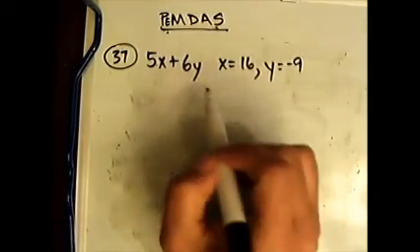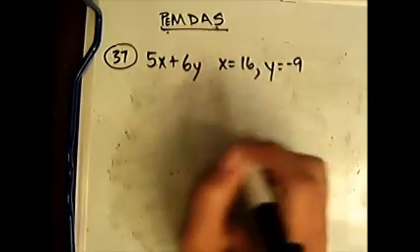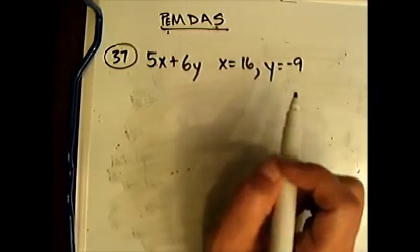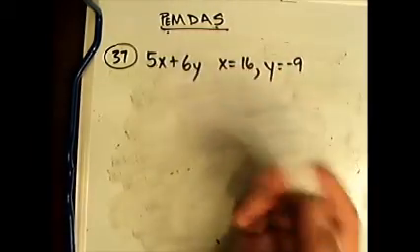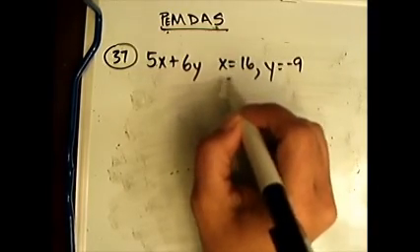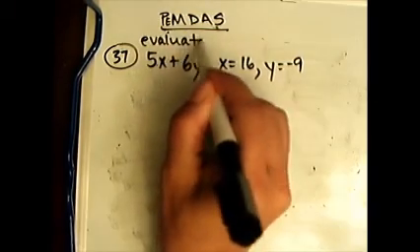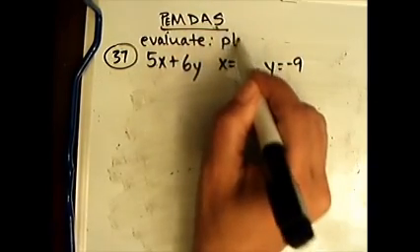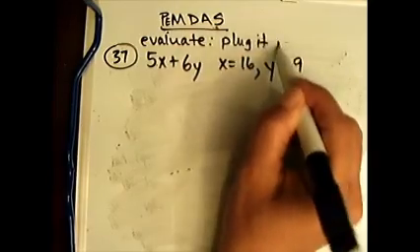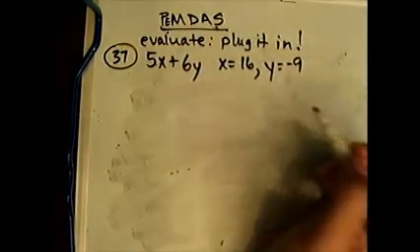On this one it says evaluate the expression for the given values of x and y. If you remember, evaluate means to actually plug it in and see what the answer is. Let me write this down so you can remember: plug it in. That's what evaluate means. Plug it in and find the answer.